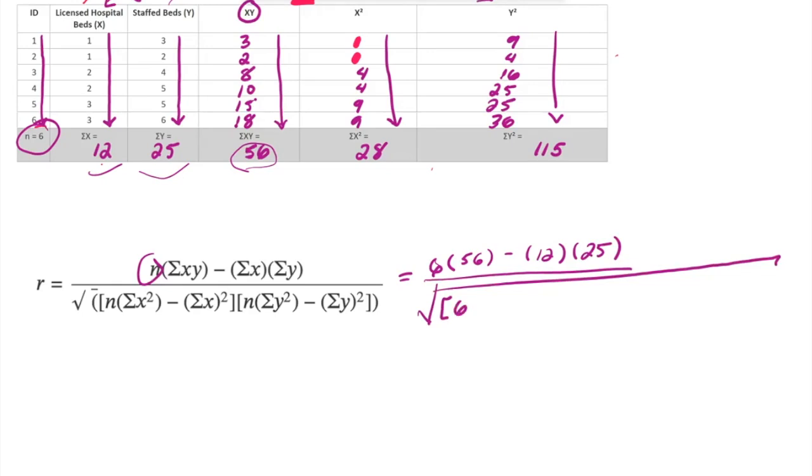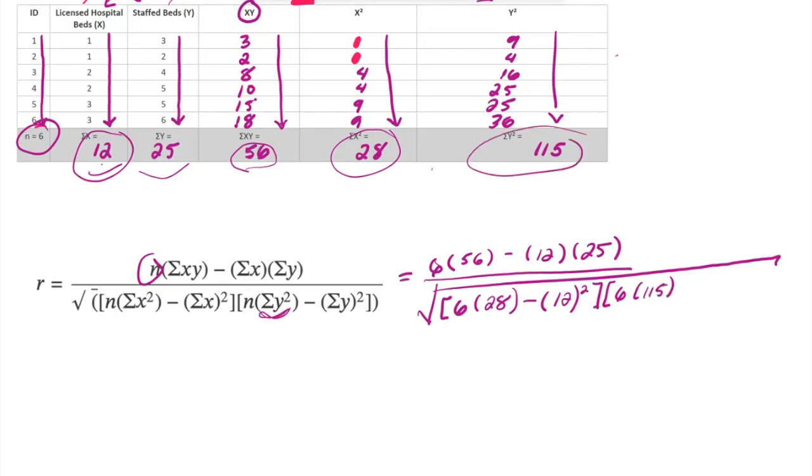This is going to be 6 times the sum of the x's squared, so that's 28, minus the sum of the x's, 12, but this one we have to square, close bracket, open bracket. 6 times the sum of the y's squared, so that's the biggest number, minus the sum of y, but this one we had to square it.